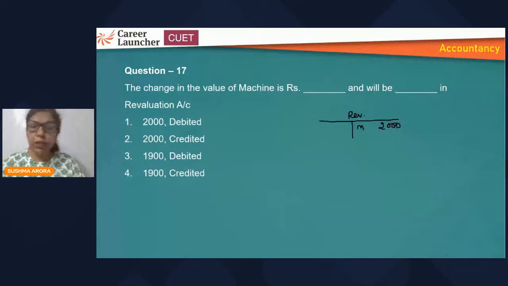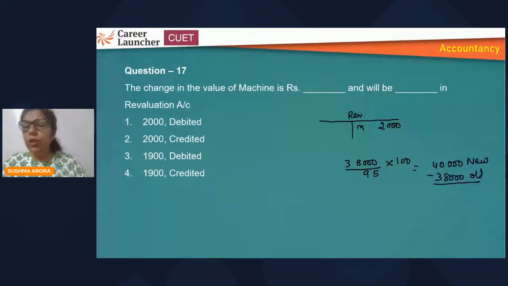See, 38,000 divided by 95, we have to multiply by 800, so that will come 40,000. That is the new value. And what is the old value? The old value is 38,000. So here the asset is increasing by 2,000. That's why we show it here. So our answer will be 2000 at credit side. This is the easiest way.